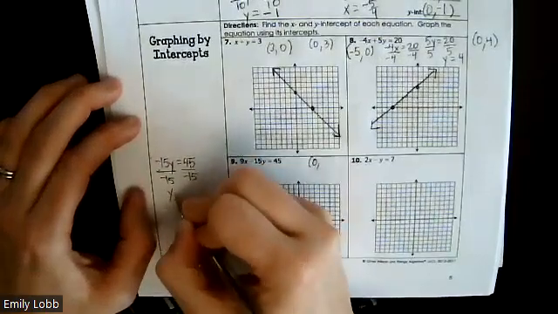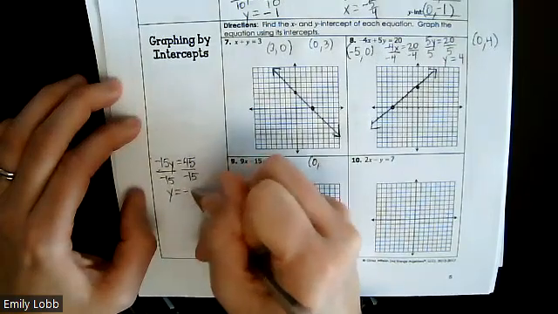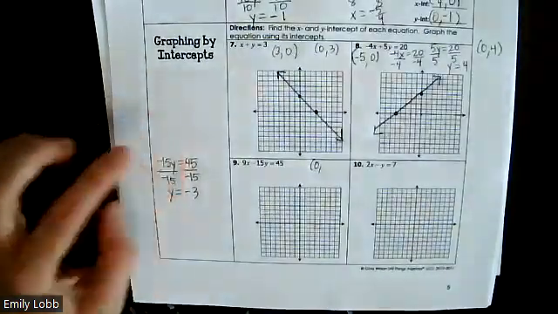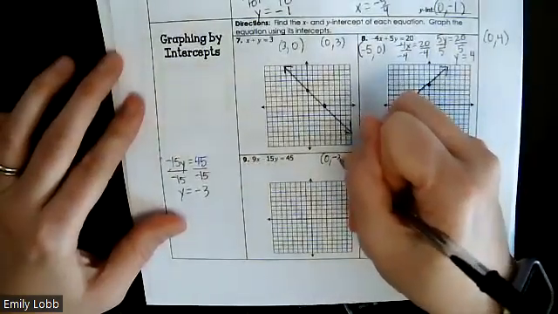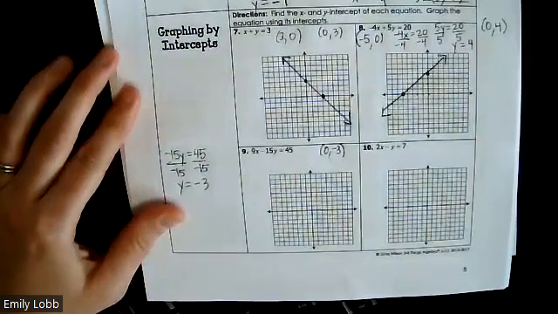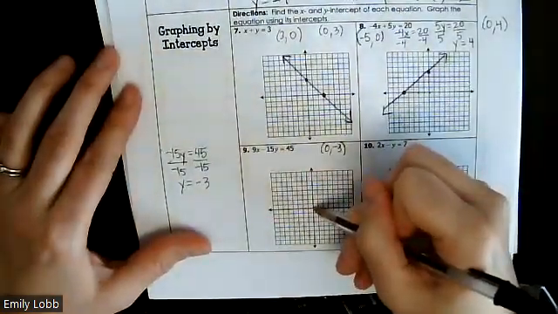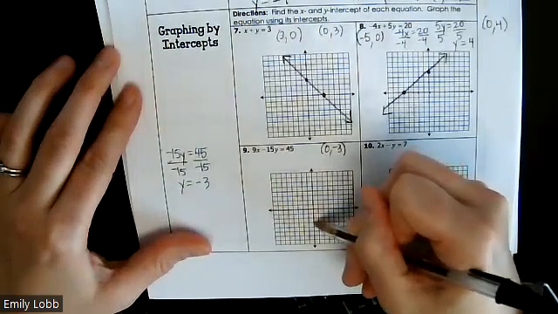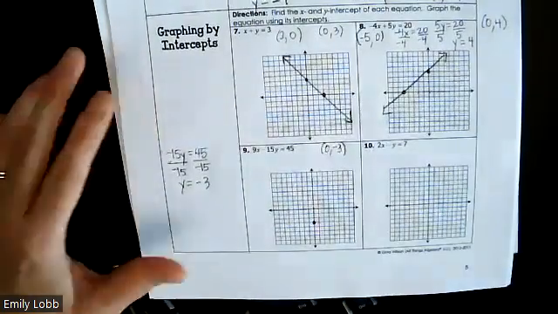So we just need to know that negative 3 times negative 15 gives me that 45. So here our y value is negative 3. You can pause for a minute if you want and plot that point. So if this is 0, we're going down 1, 2, 3 to where y equals negative 3.